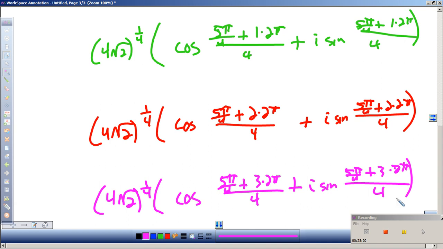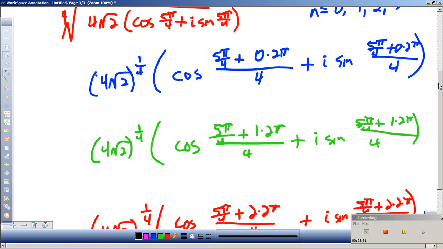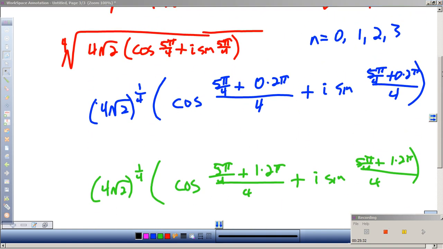As you can see, doing the roots takes a bit of time. Now, I suspect none of these are going to give us nice answers, which means we would just plug this into the calculator. So 5 pi fourths plus 0, so this is going to be 5 pi over 16, and 5 pi over 16.